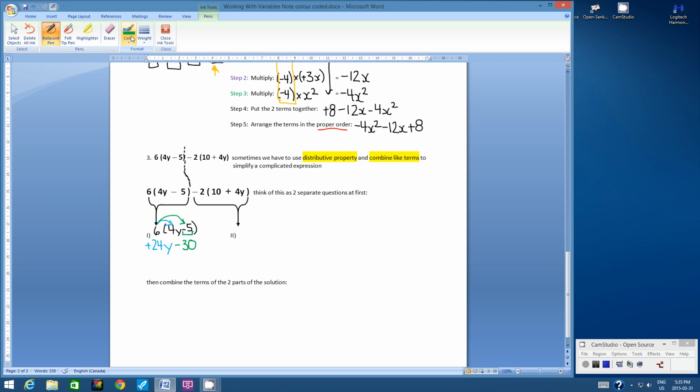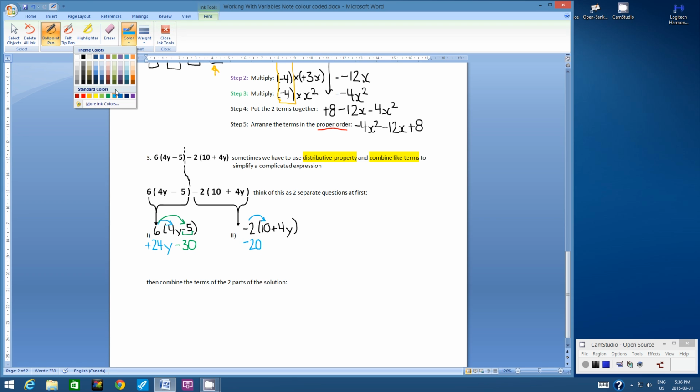Okay, so let's leave that part for now and let's work on the second half of the question. The second half starts with negative 2 outside the bracket, and then we have 10 plus 4y. So let's set it up the exact same way. I'm going to use the same color coding. Step 1, we multiply what's on the outside to the first term. So negative 2 times 10 is negative 20.